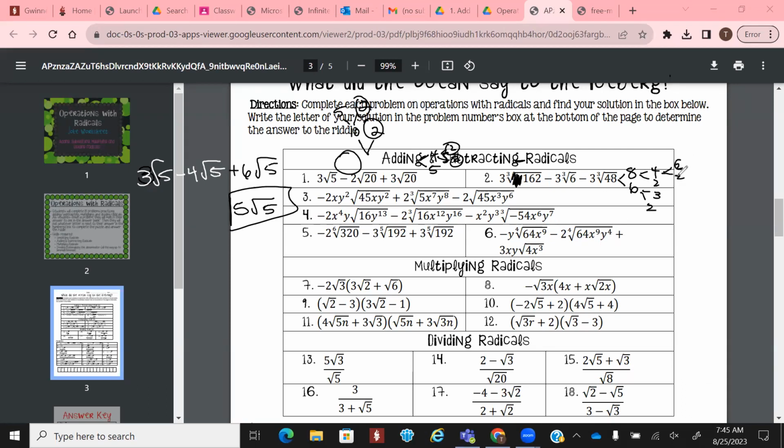Okay, we got a pair, and then we have another pair. So that's going to give me 2 outside the radical, multiplied by this -3, and another 2 outside the radical that's multiplied by that -3. So that's -3 times 2 times 2. So that's going to give me -12 radical 3.